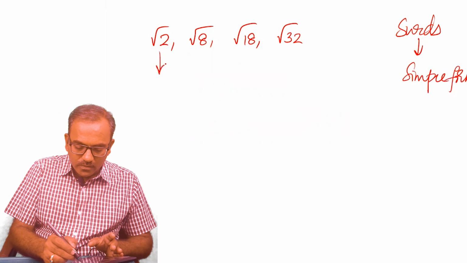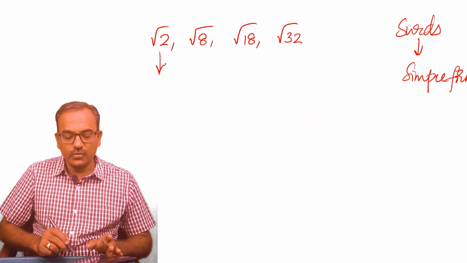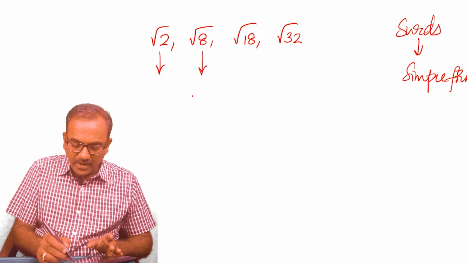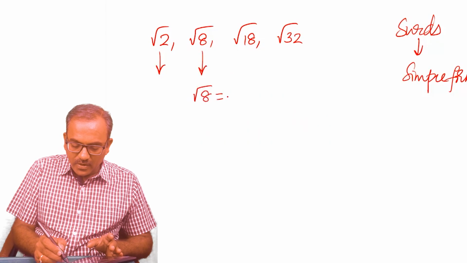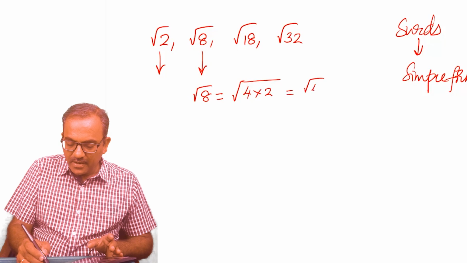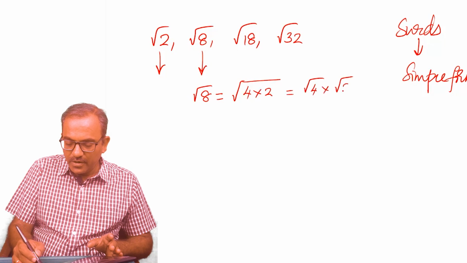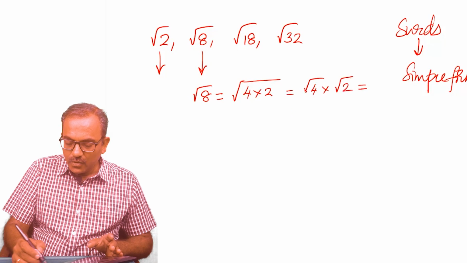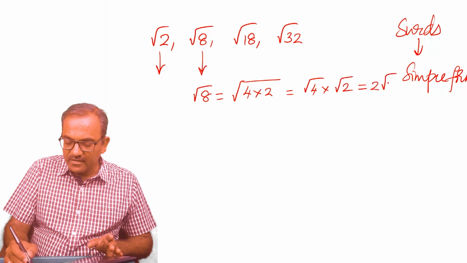Root 2 will be as it is, root 2. Now, let us write root 8. Root 8 can be factorized as 4 into 2, so this can be rewritten as root 4 into root 2. Root 4 is 2 and this is root 2.